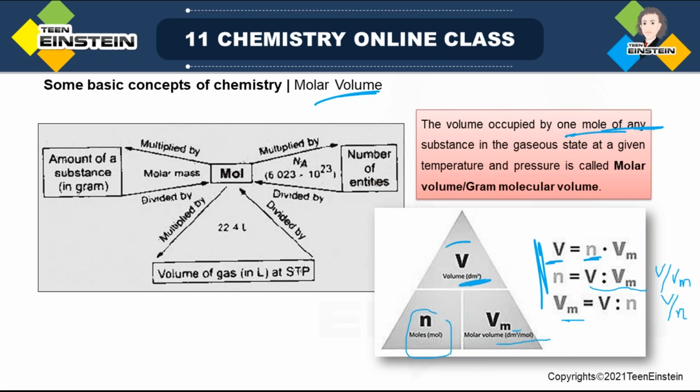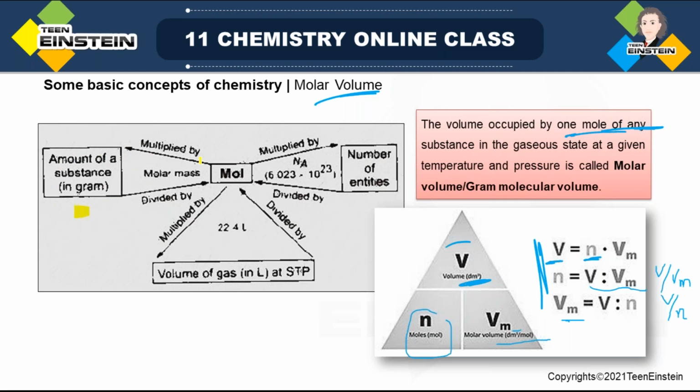Now in this picture, you will be able to understand the relationships. This mole term is very important, right? Because once you know mole, it is related to so many other terms. If you know mole and you multiply it by molar mass, you can get the amount of a substance in gram unit.